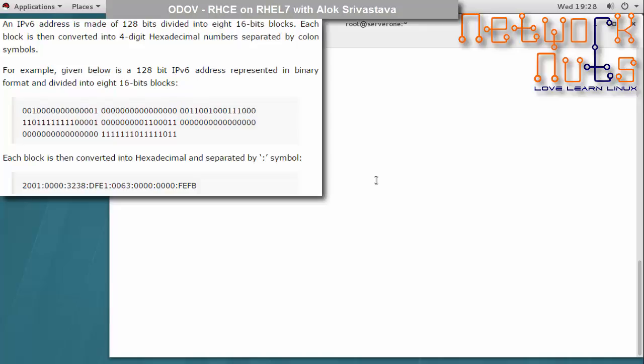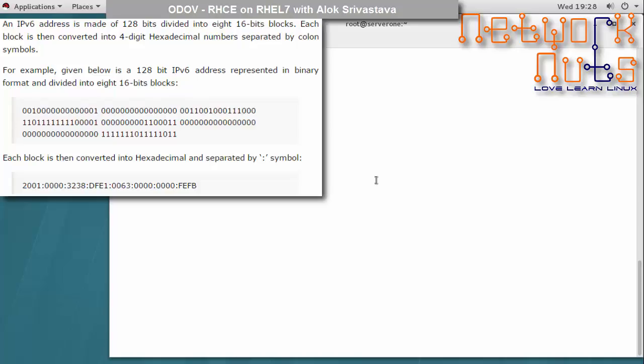I'm giving you a very simple example which is right there on the screen. This is a 128-bit IPv6 address in binary, and you can see it is divided into 8 16-bit blocks, 3, 3 and 2. Each block needs to be converted into hexadecimal, separated by a colon.